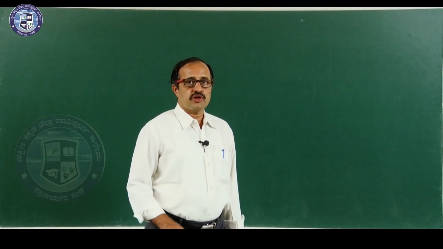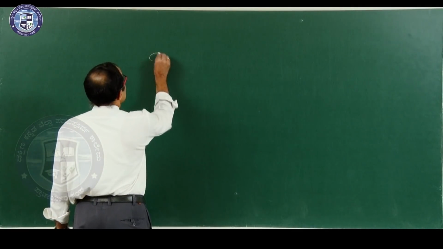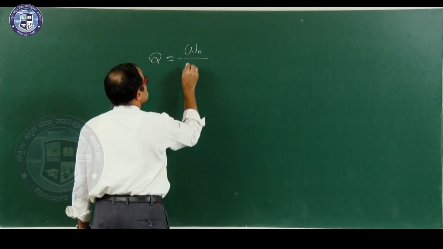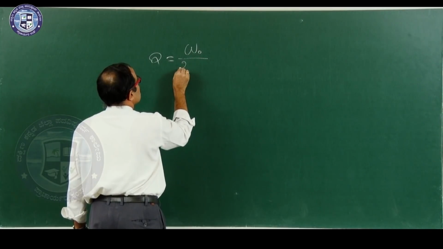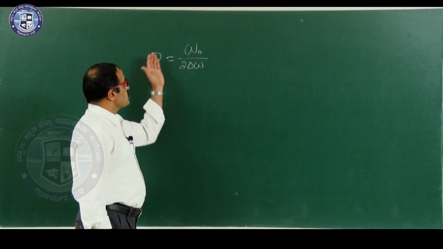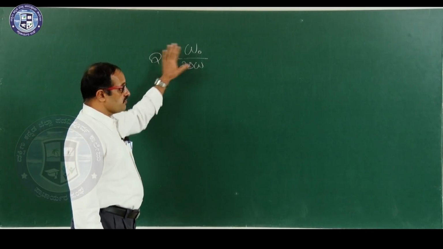Okay. Now, we calculate quality factor. What is the formula for quality factor? Quality factor is calculated as omega naught divided by 2 delta omega. It is the basic equation for quality factor. It is the definition also.